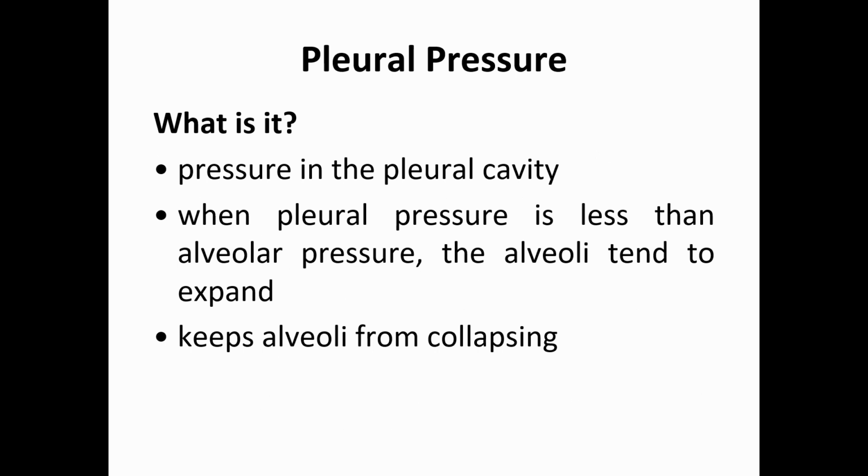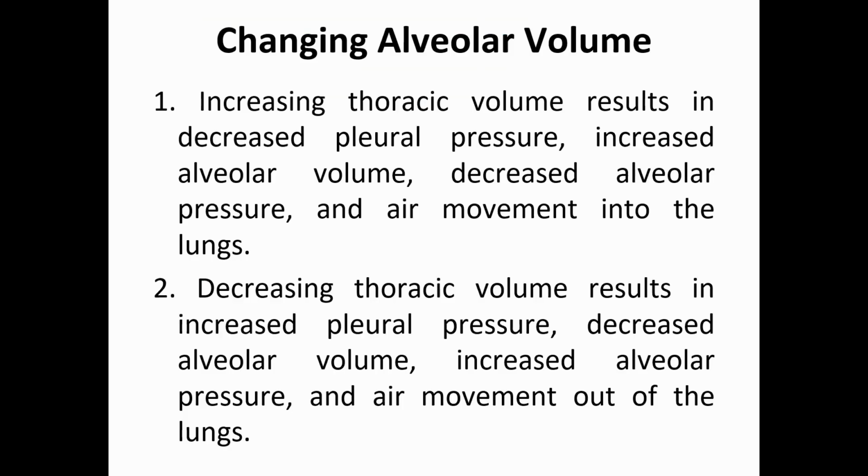Next, we have our pleural pressure. It is the pressure in your pleural cavity. When pleural pressure is less than alveolar pressure, the alveoli tend to expand. It keeps the alveoli from collapsing. So how do we change alveolar pressure? If we increase thoracic volume, we decrease pleural pressure, and we increase alveolar volume but decrease alveolar pressure.